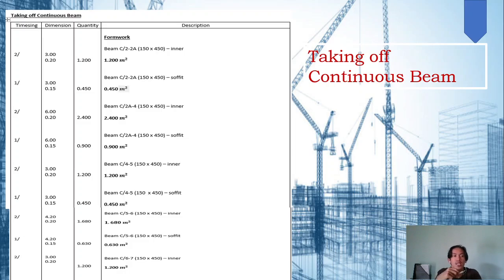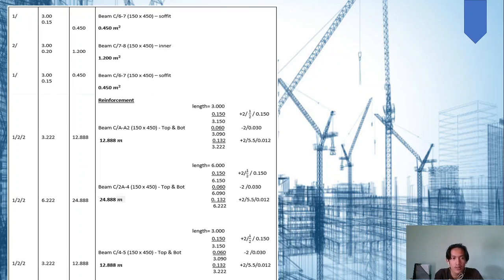So for the taking off of the continuous beam, for formwork, we calculate for all the segments of the continuous beam, and then we get all the values of the formwork that we will use in all the continuous beam segments. For the reinforcement, we will calculate also for all the segments.